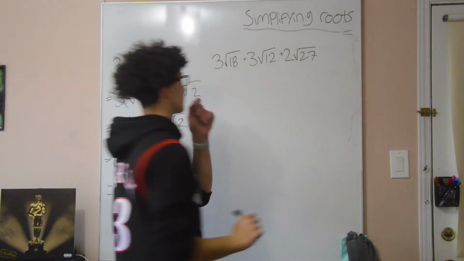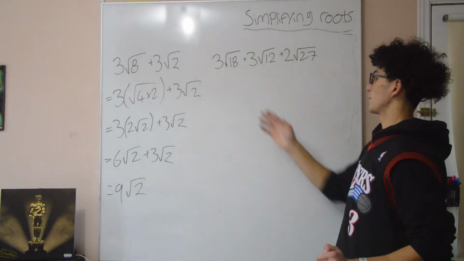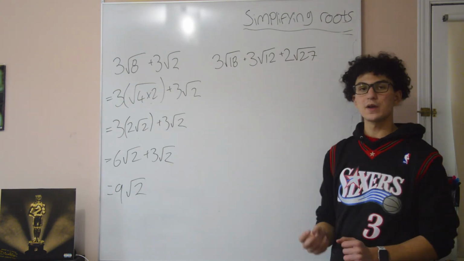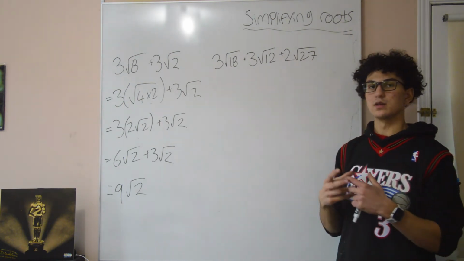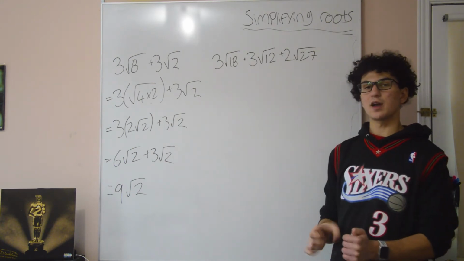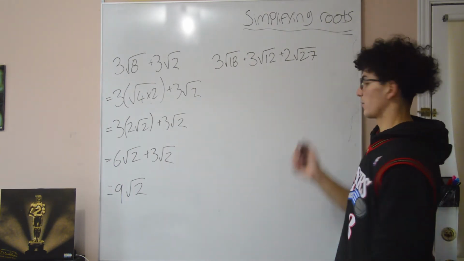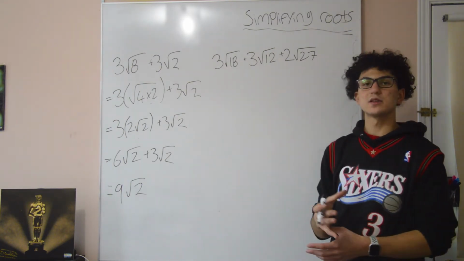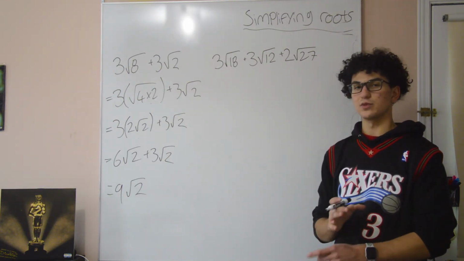Now let's do this one. Now this one is a little bit different because now we have different roots in each. So we need to really think about this, and we need to think of a common one between them all, because sometimes you'll have a root of a number and you can basically rewrite it in several different ways.